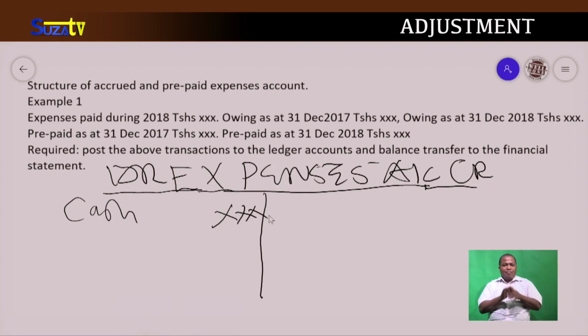This is a previous owing. The previous owing should be recorded at the credit side of expenses account. You put here, you say owing BD.